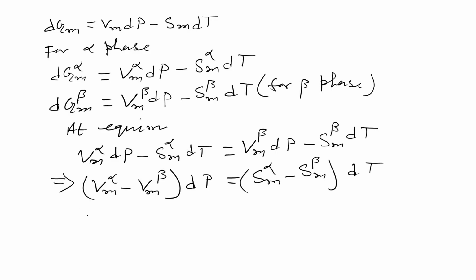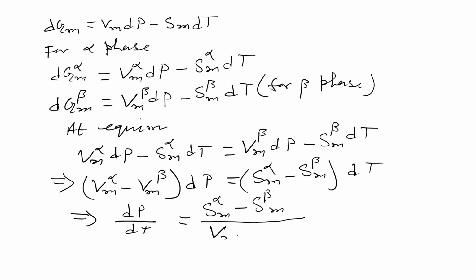Therefore from here I can write dP by dT is equal to Sm alpha minus Sm beta divided by Vm alpha minus Vm beta.